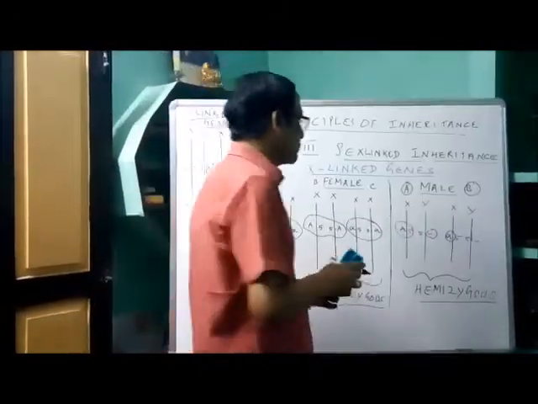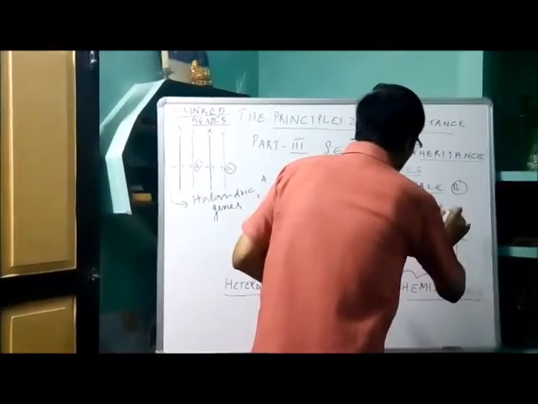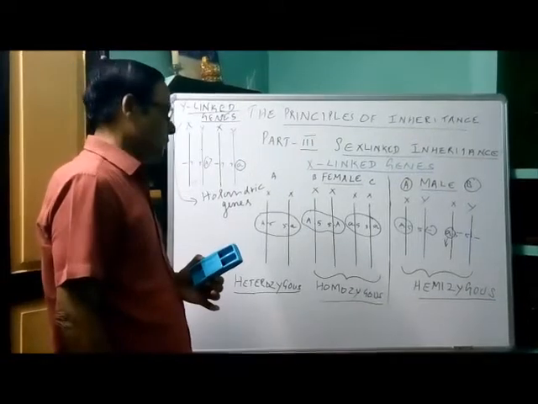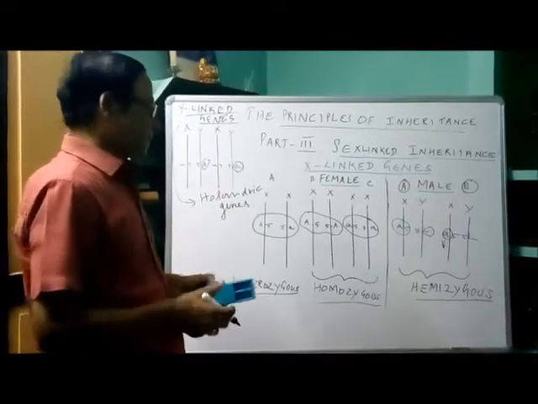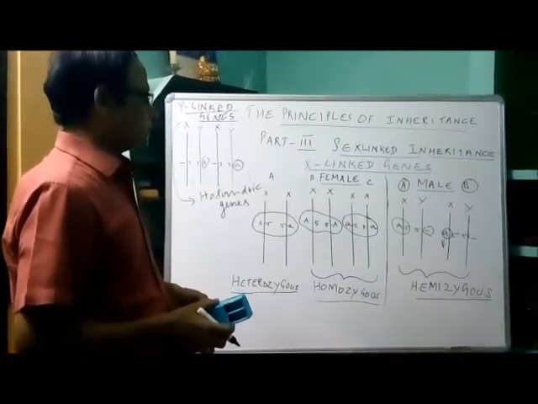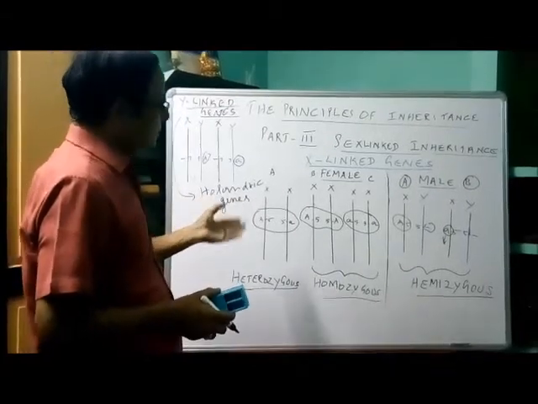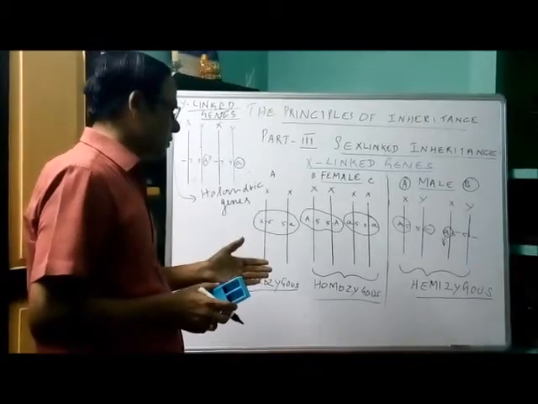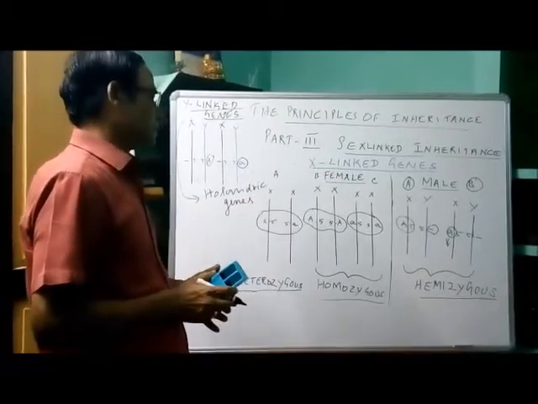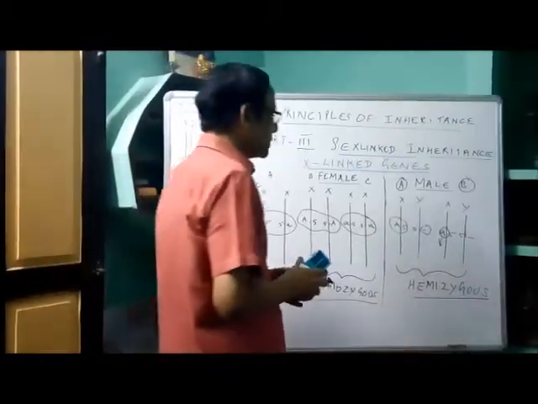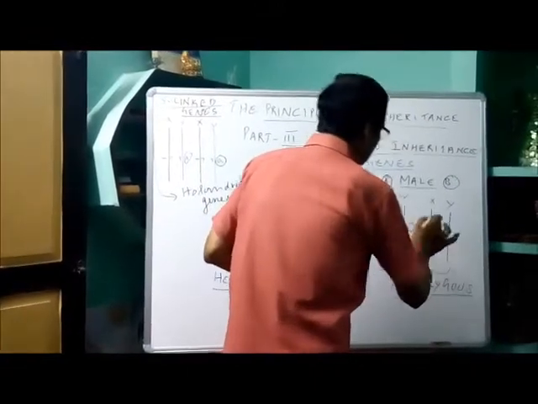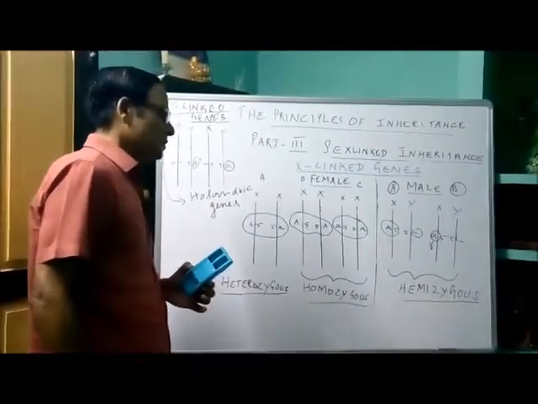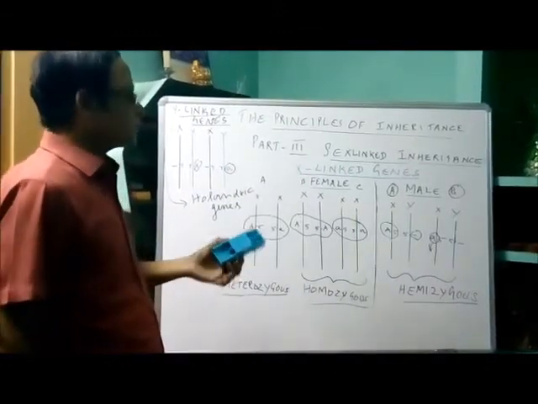When they have one mutant allele, that mutant allele, meaning the recessive gene, is being expressed, which results in the expression of some disorders.